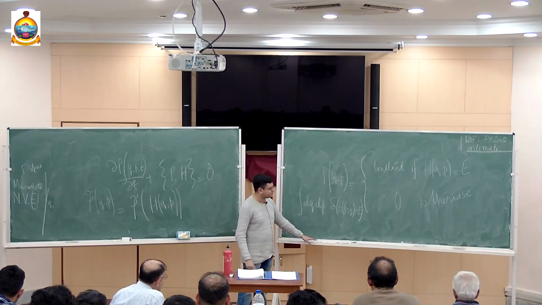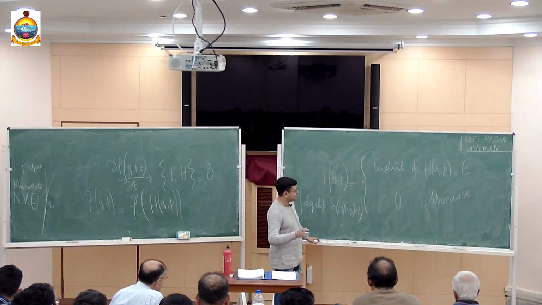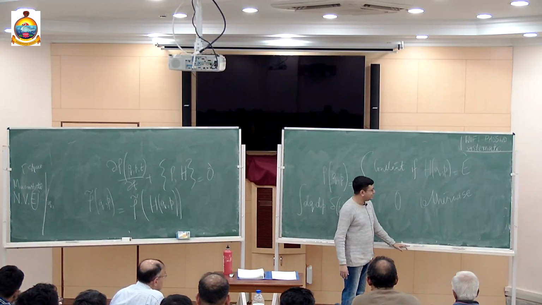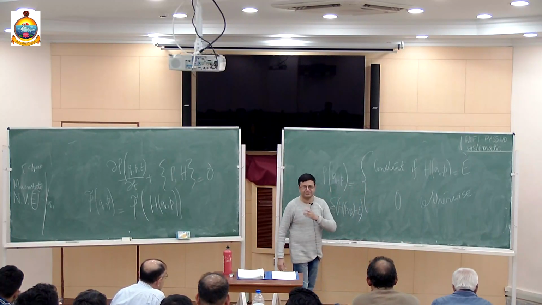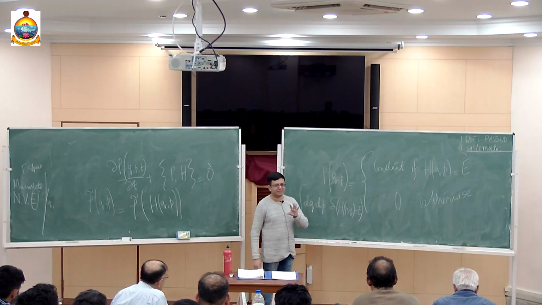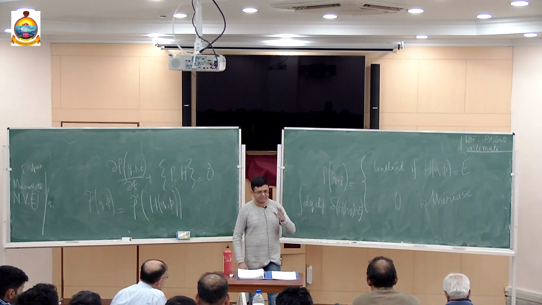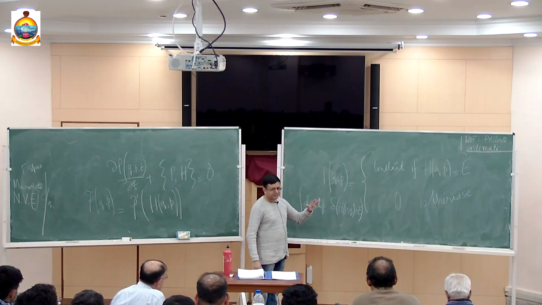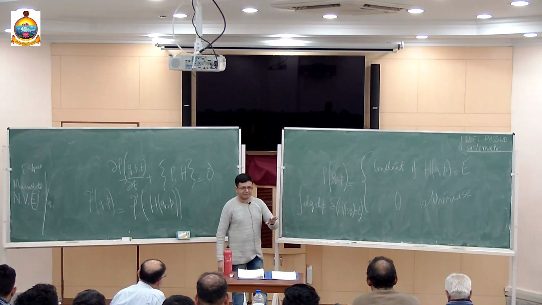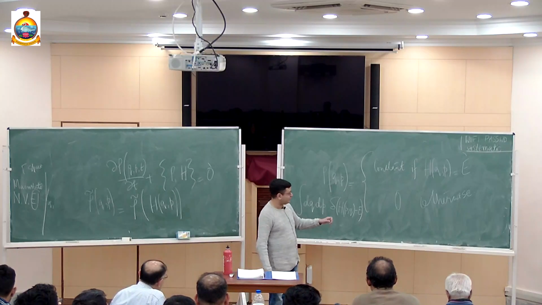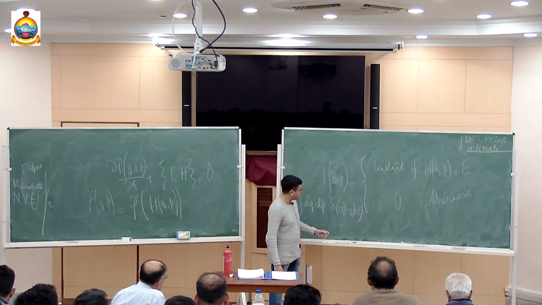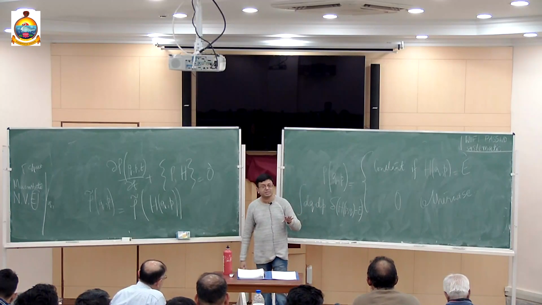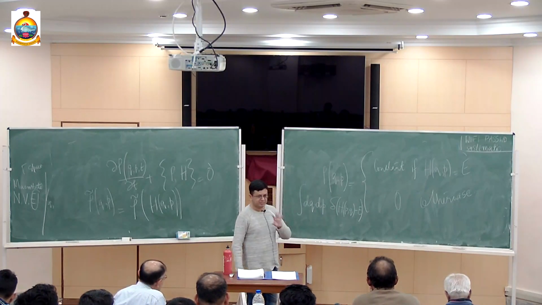I think it is very important, as Professor Mukunda had said over and over again, and I try to say this to my students, it's very important to understand the ideas, the logical structure, and the mathematics is secondary. I'm not saying that you don't have to master the techniques. It cannot be that you want to do some microcanonical ensemble without understanding what a delta function is all about.